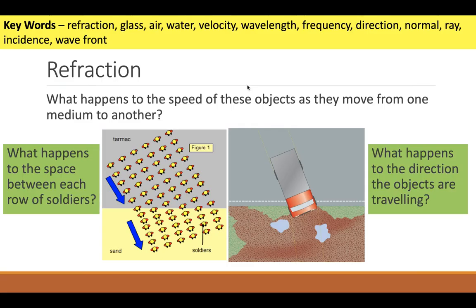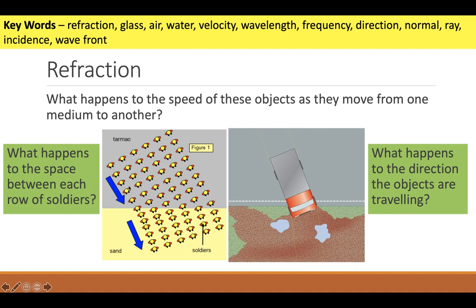Okay, so a couple of analogies to show how refraction occurs. Imagine all these people are sort of rays of light. We've got an army of people marching, and they are marching at an angle to the sand. If we follow a row of people, let's say this row of people, you can see here that this soldier is going to reach the sand before this soldier.